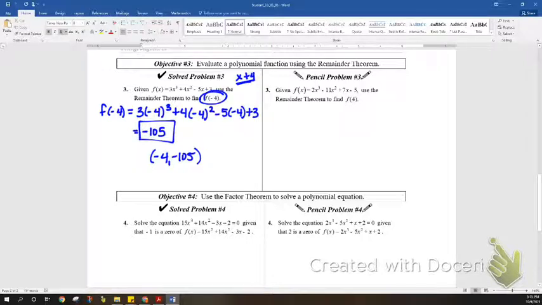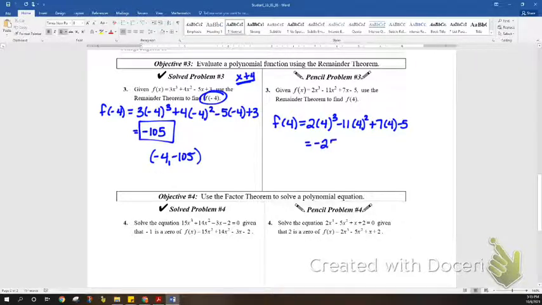All right, so look at pencil problem number 3. If you want to pause this, do so and work it out, and then I'm going to go ahead and work it here so you can check your answer. So I am just plugging in f of 4. I'm going to plug all this into my calculator here.